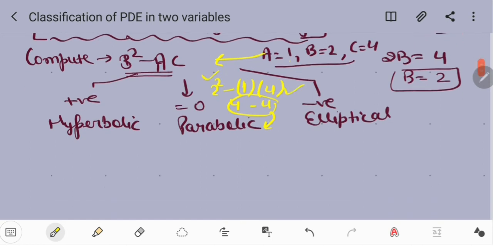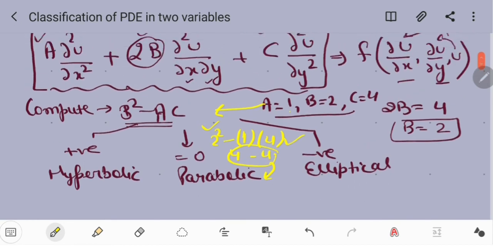Now it is a bit easier when you are given some constants and we can compute. But what if these values a, b and c are in terms of some constants whose values you don't know? Like your a is something a, b is something b and c is something c, for example, but these are constants.